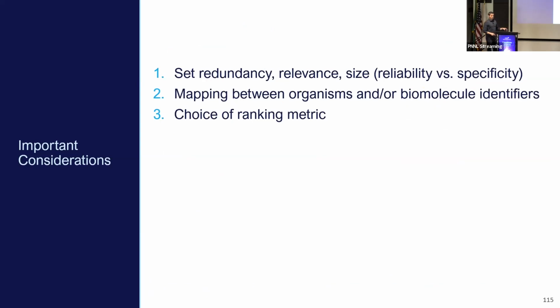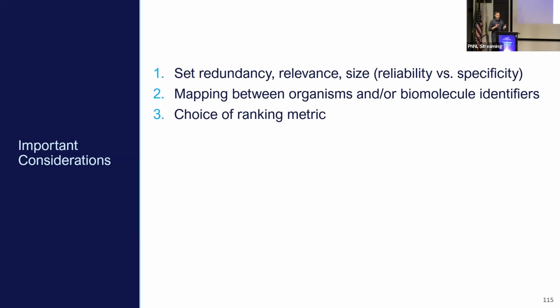The other things you need to be aware of when you're dealing with this type of analysis is set redundancy, which I kind of covered when we talked about the gene ontology database. You have a lot of terms that share genes, or genes that are typically involved in many different processes. So you have redundancy, and you have relevance to your experiment.